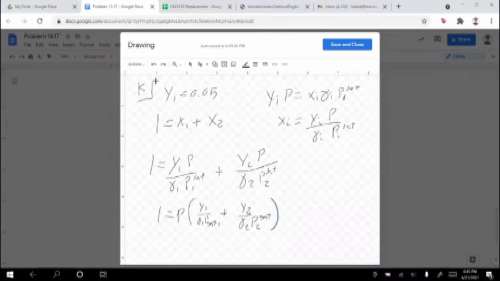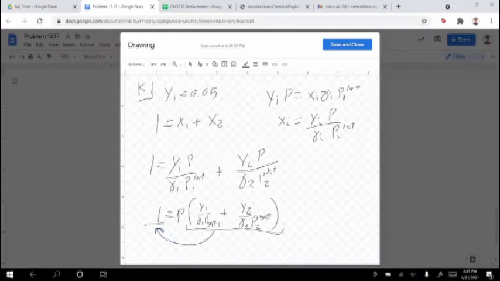So I'm going to take this term and put it under here. So you divide both sides by that value, and we should get P is equal to 1 over this whole expression.